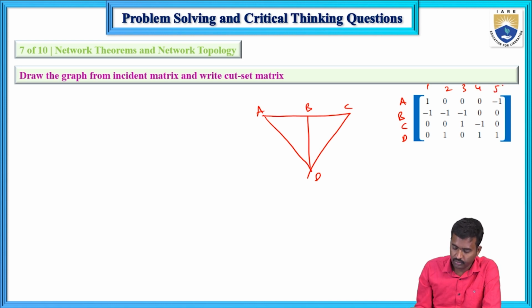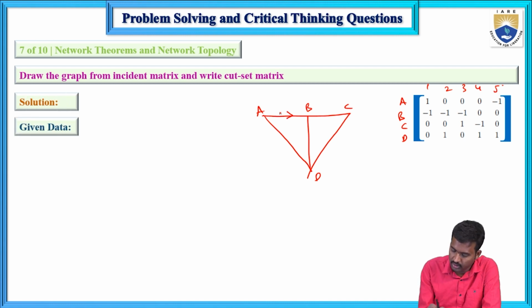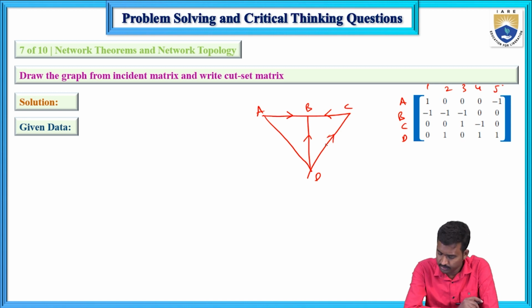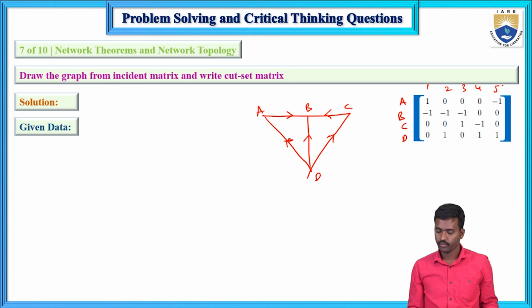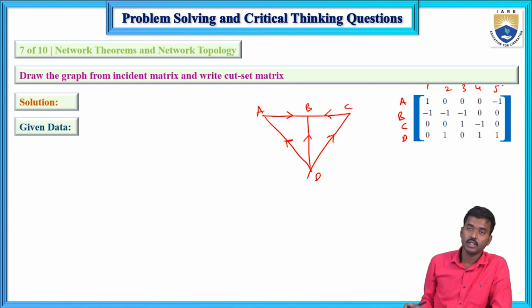Now here the directions: A to B, and C to B, D to B, and next D to C, and next D to A. Now here this is the graph. From this you can easily determine the cut set matrix.